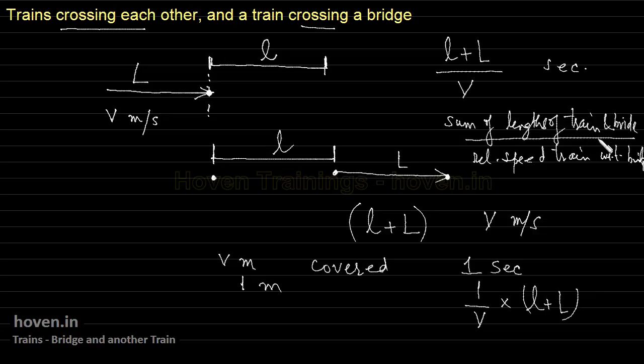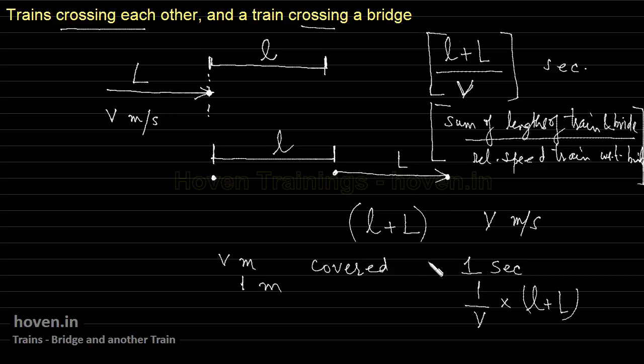Sum of lengths of the train and the bridge, that is l plus capital L, divided by the relative speed of the train with respect to the bridge, which is the same as the speed of the train, that is v. This is the most general expression, and the formula in terms of our variables would be this one. This is one thing that you can remember.